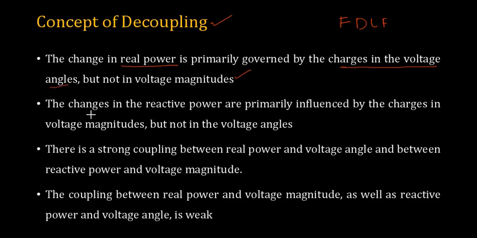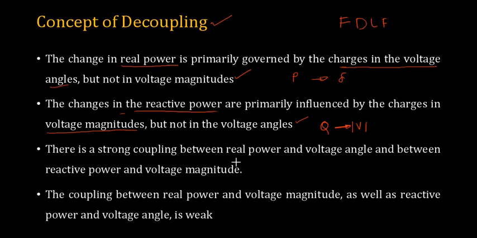At the same time, the changes in reactive power depend on the voltage magnitudes, and are not affected by the angles. So active power is dependent on the angle, and the reactive power depends on the voltage magnitude.